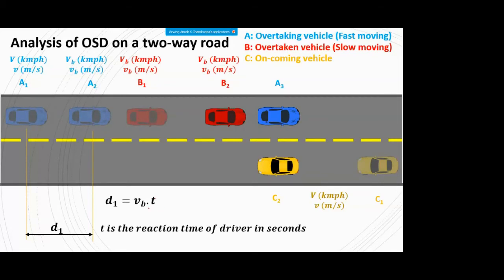This time is the reaction time of the driver in seconds. We saw in SSD that the reaction time for drivers recommended by IRC is 2.5 seconds. But in overtaking operation, the IRC suggests it is 2 seconds. It's just a difference of 0.5 seconds.